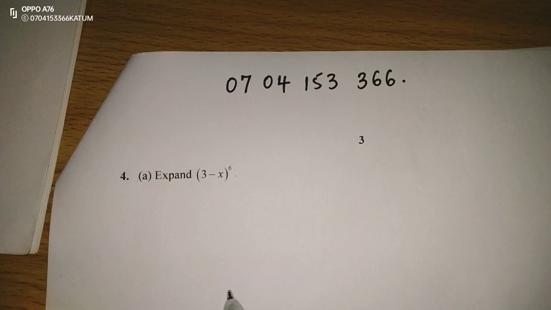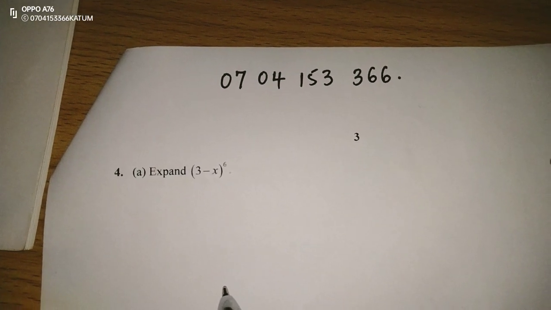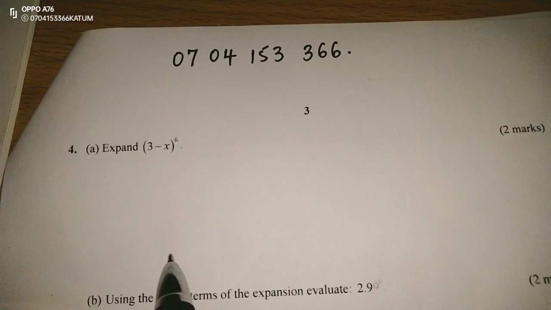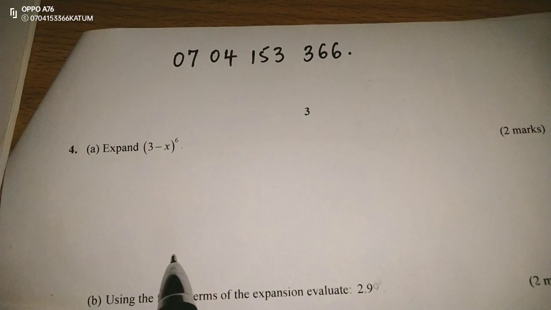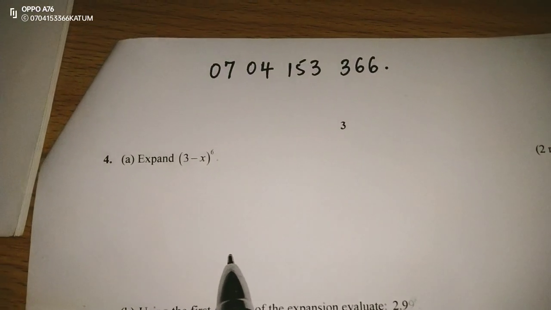The first thing we should identify is the binomial coefficients, or rather what we call the Pascal's coefficients of power 6. These are values which you can obtain from your maths table or even using your calculator.